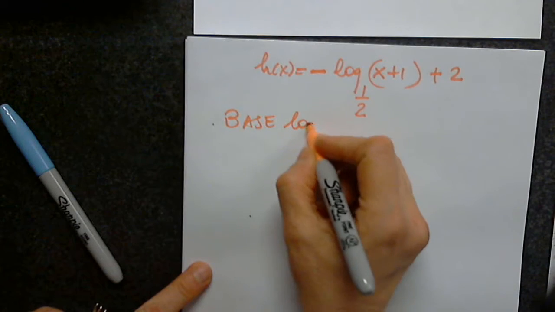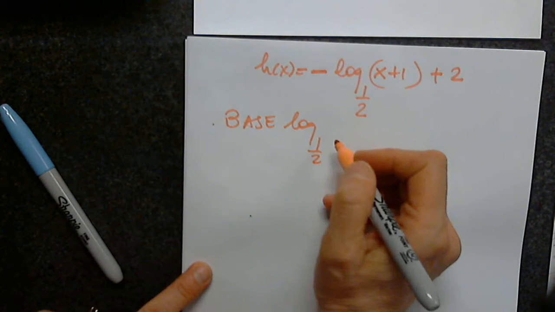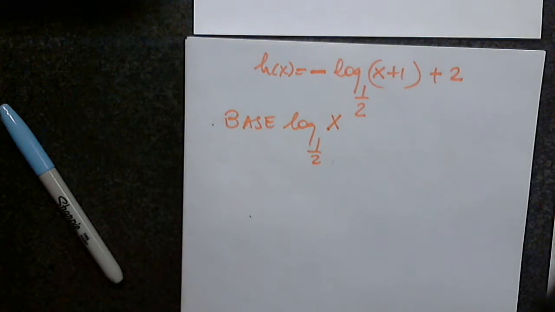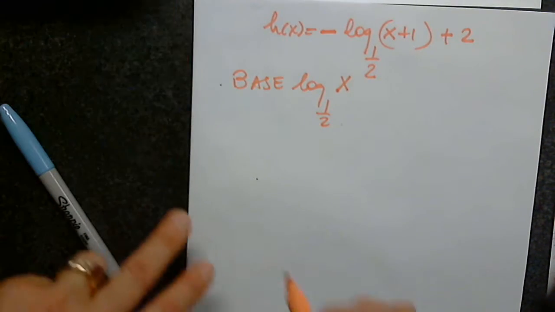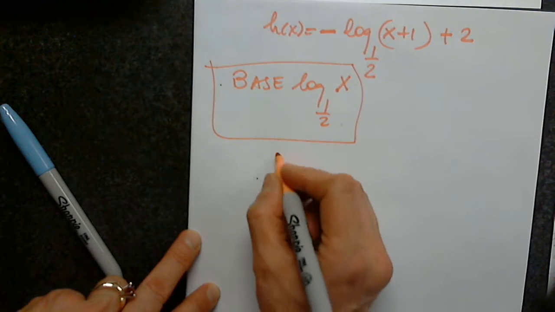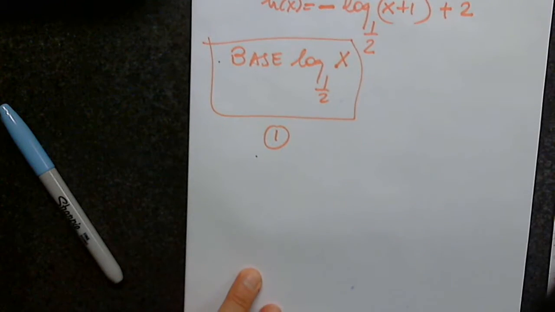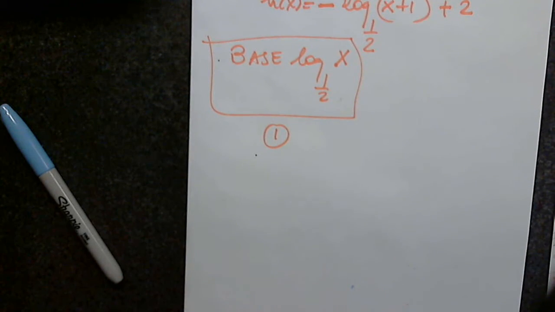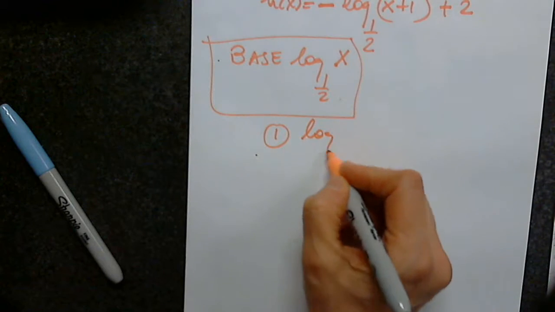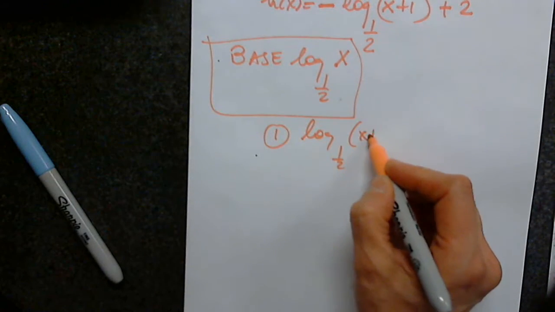Yes, awesome. Log base 1/2 of x. That is the base function, pure function, pure log function. First transformation in order of operations on this one. What is it? X plus 1. Very good. So I have log base 1/2 of x plus 1.